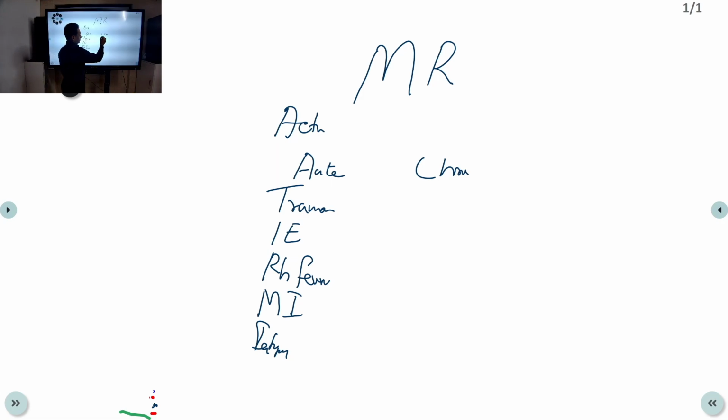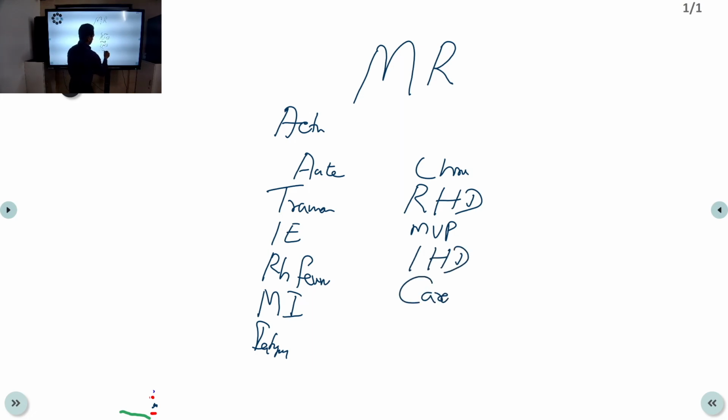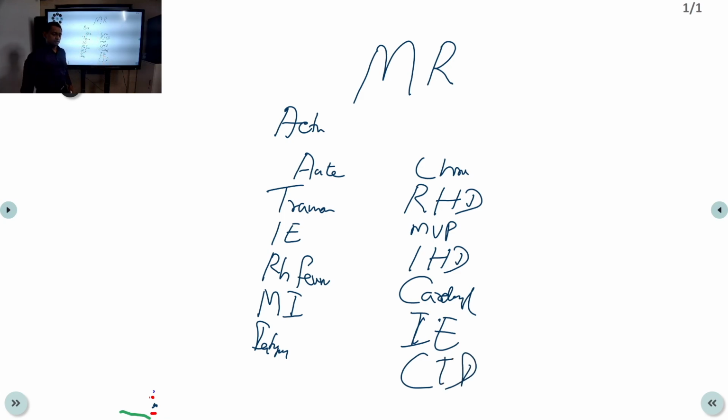Chronic: the most common is rheumatic heart disease. Mitral valve prolapse can progress to mitral regurgitation. Ischemic heart disease, cardiomyopathy, infective endocarditis, and connective tissue disorders like rheumatoid arthritis can also produce chronic mitral regurgitation.